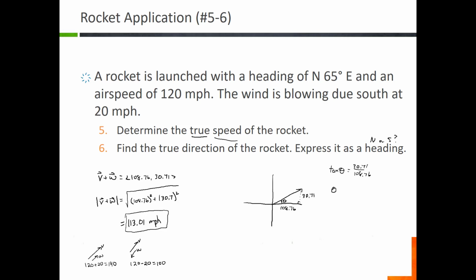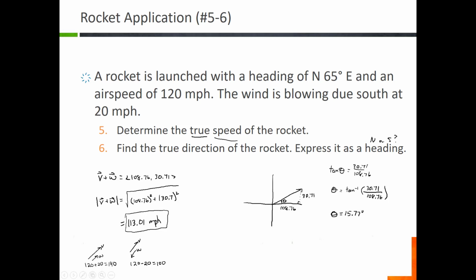But we want to find theta, so we have to do our inverse tangent. Theta will equal the inverse tangent of 30.71 over 108.76, and that comes out to be an angle of about 15.77 degrees.